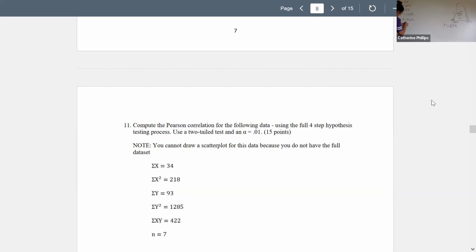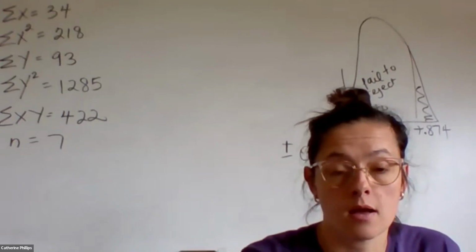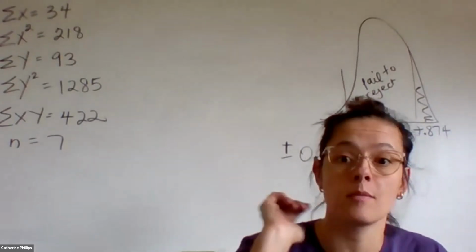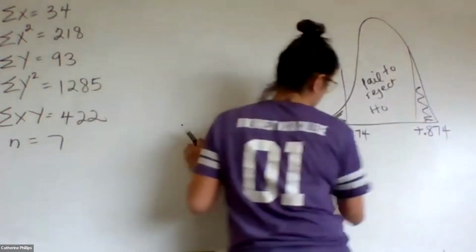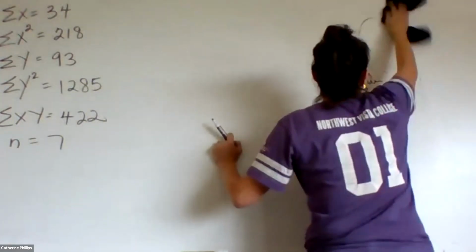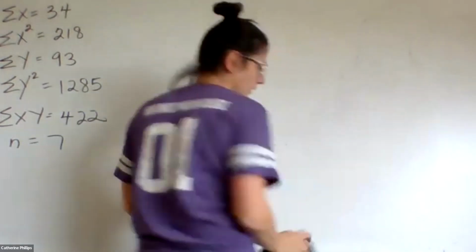And N is 7. With these values, I can calculate my sum of products, my sum of squares X, and my sum of squares Y. And I'm actually going to erase this because I'm going to need this space, and then I'll just have to draw it later. Just how it goes.